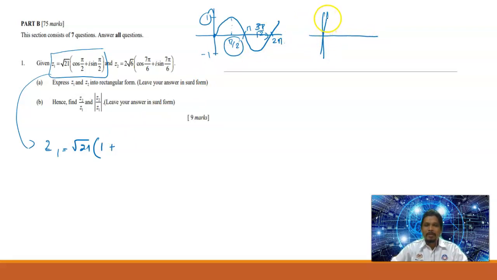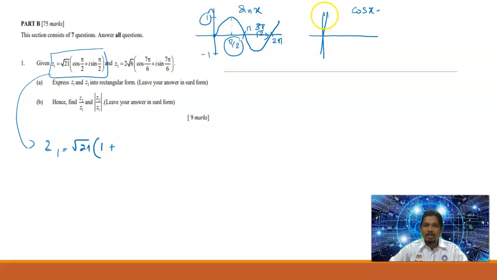Sorry, this is for sin x and this is cos x. So sin pi over 2 equal to 1.